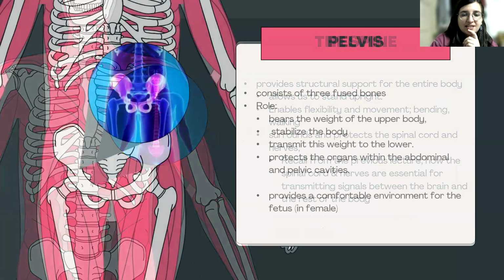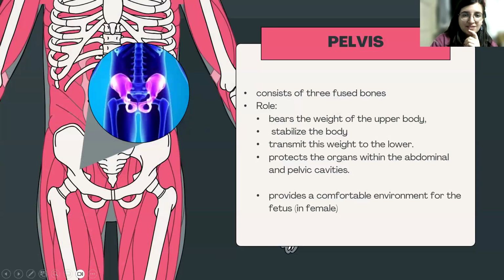And we studied the hip bone, okay, the pelvis. And again, the pelvis, we studied its role in making us stand stable, distributing the body weight, the upper body weight and lower body weight, and how it protects the organs inside. Okay, these are mainly the reproductive organs.